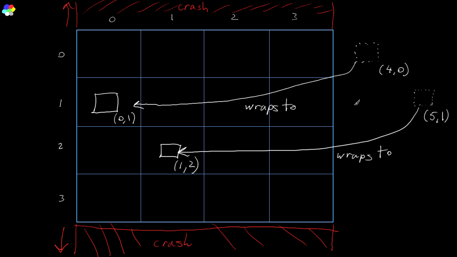Now you may have wondered why when you go past the right hand end of the screen, when you go off the screen in the X direction, it doesn't crash. It crashes when we go down in the Y or up in the Y, but why not in the X? The reason is that if you try to draw the pixel off the screen in the X direction, it's just going to wrap down to the next line by that many pixels.